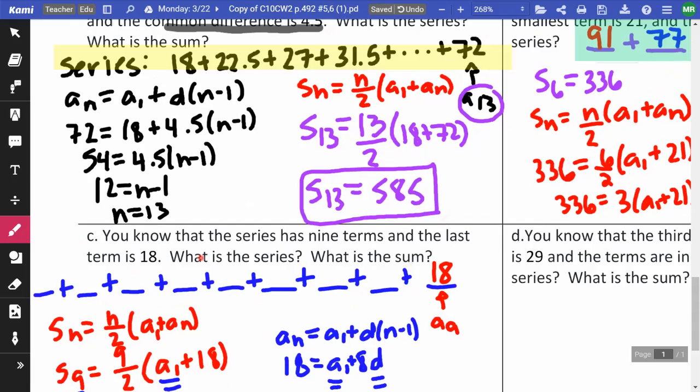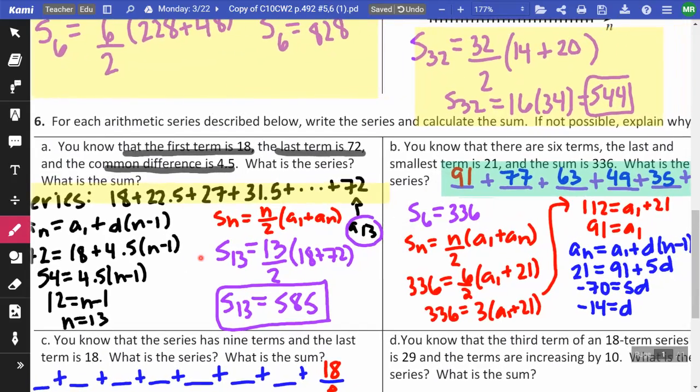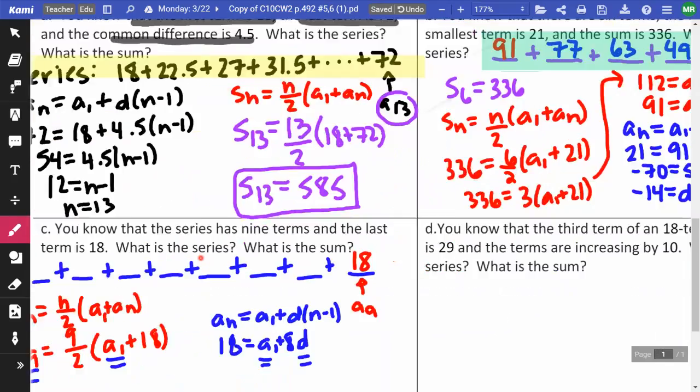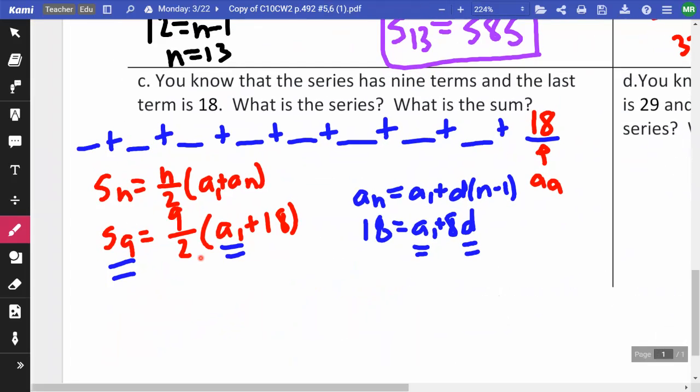Right here in the directions, it says, for each arithmetic series described below, write the series and calculate the sum if possible. If not possible, explain why not. In this one, I've got too many unknowns. If I had known the sum, or the initial value, that would have been fine. If I had known my D, my common difference, or my A1, then I would have been fine.